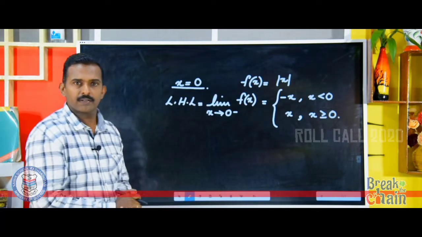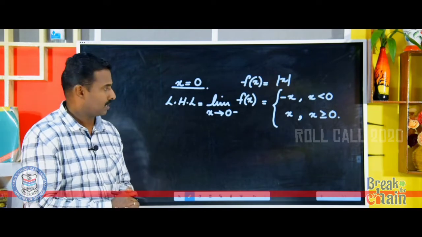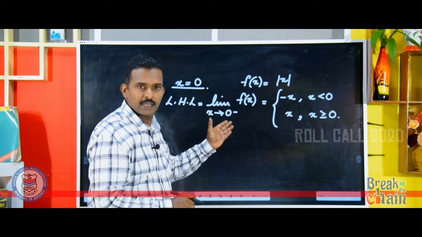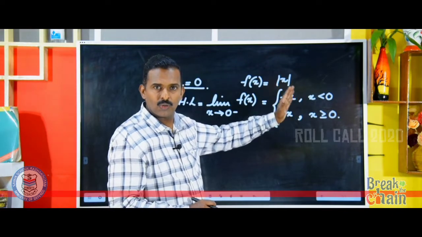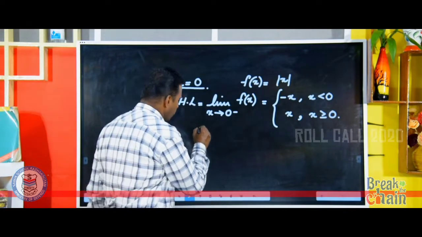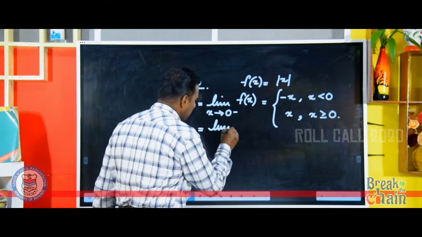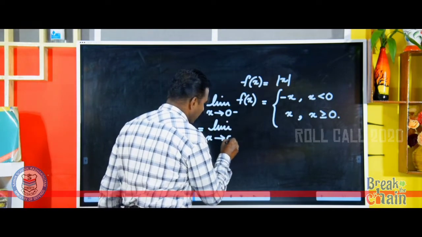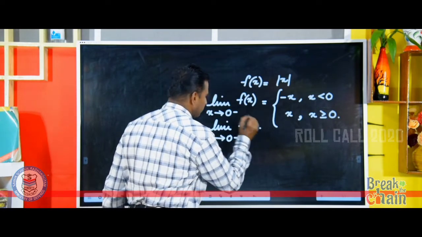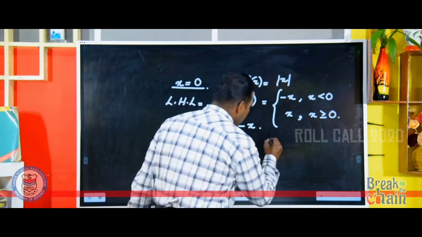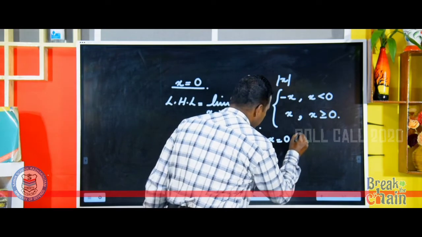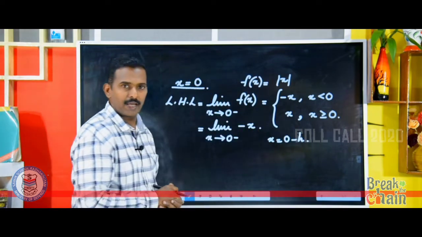The left hand limit, x tends to 0 minus. Now 0 minus means less than 0. Therefore this becomes limit x tends to 0 minus of negative x. Now I will give the substitution x equal to 0 minus h.